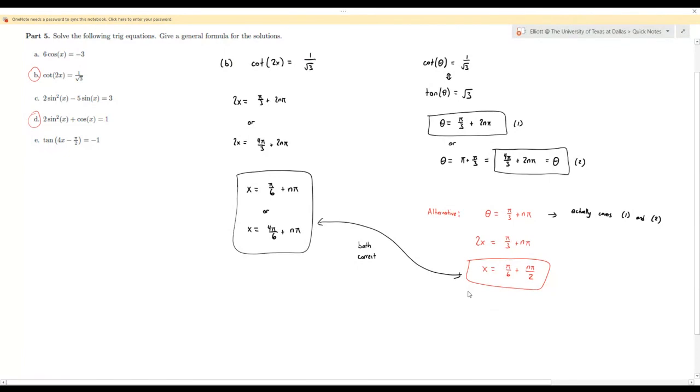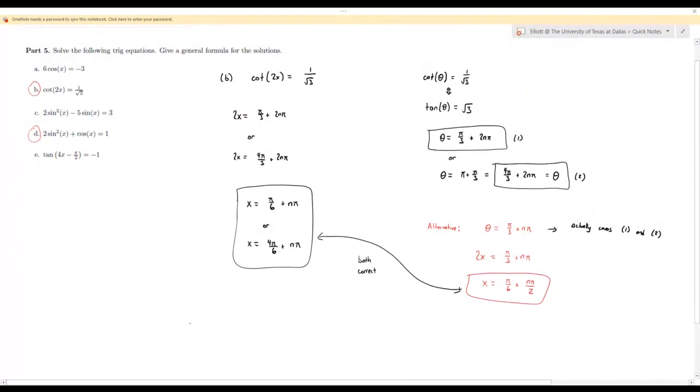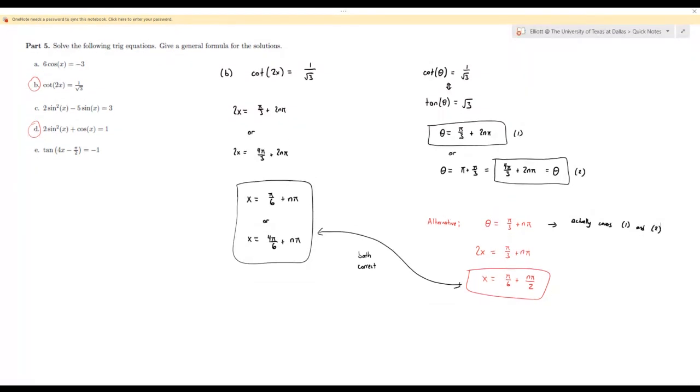It's just a matter of writing the answer a little bit differently for each of them, okay? Okay, all right.